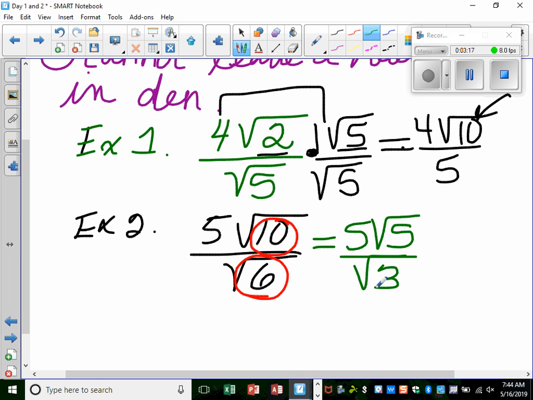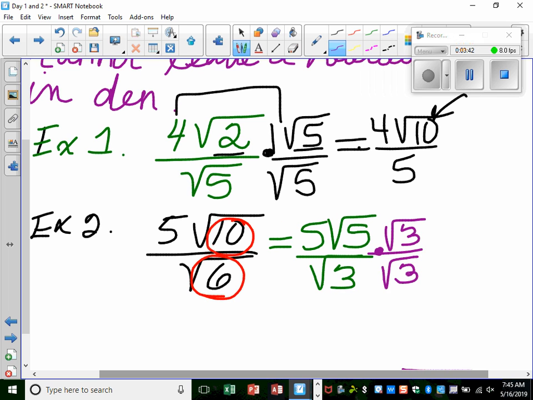And do you have to? No, it just makes your numbers smaller, so you're not having to simplify big radicands later. You could leave it as rad 6 and then multiply top and bottom by rad 6, but it does make it a little easier to take a smaller number, and then we're going to multiply the top and bottom by rad 3.